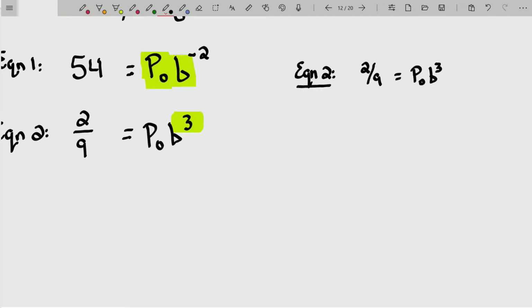And I'm going to divide that equation 2 by equation 1. Equation 1 is 54, and on the right-hand side was P naught b to the negative 2. You can totally do this because these equations are supposed to be both true, and you can always divide true equations as long as they're non-zero.